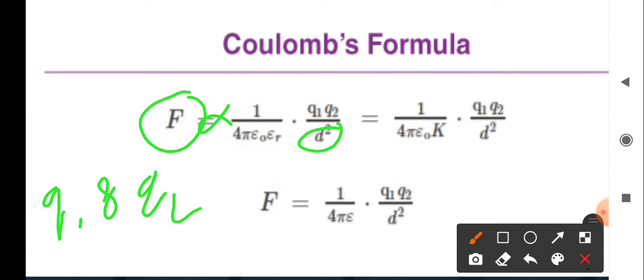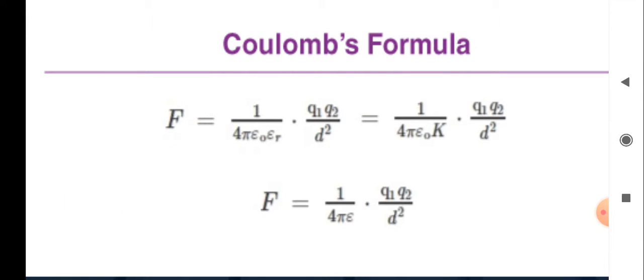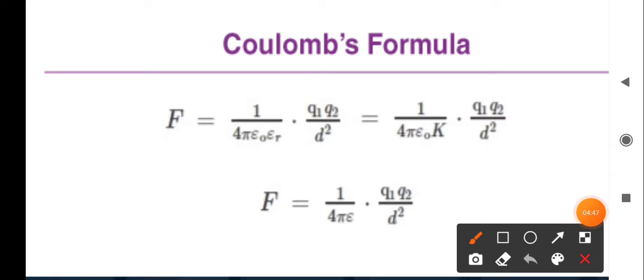By solving this equation, the proportionality constant is replaced by 1 by 4 pi epsilon naught into epsilon r, into Q1 into Q2 by d square.